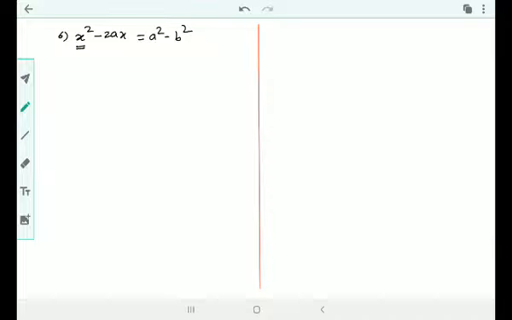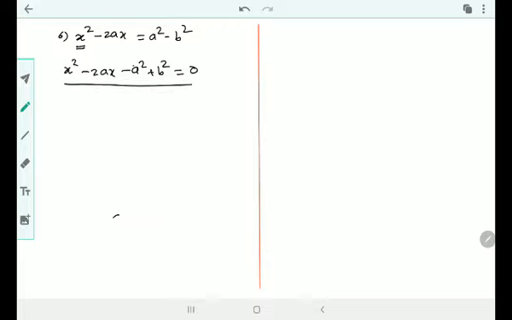Standard form means one side is 0. Other things you don't have to worry about. So what do I get? x square minus 2ax minus a square plus b square is equal to 0. Hope you understood that. Right? That's it. This is the standard form of a quadratic equation.